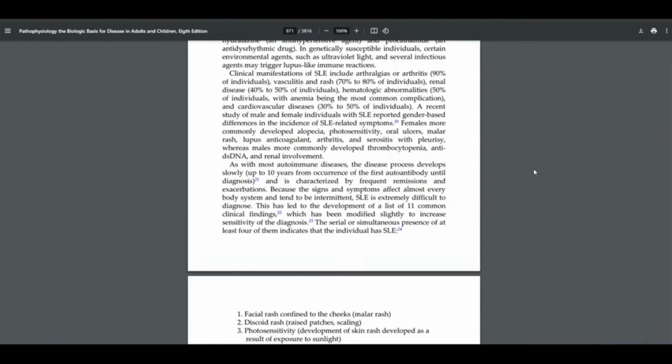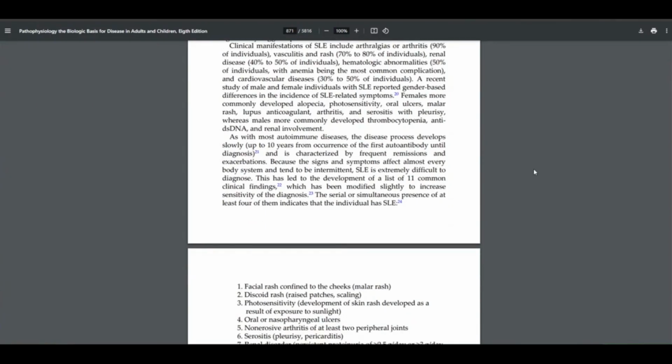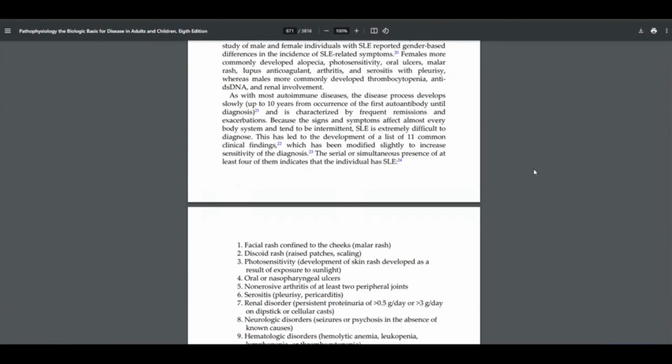A recent study of male and female individuals with lupus reported gender-based differences in the incidence of lupus-related symptoms. Females more commonly develop alopecia, photosensitivity, oral ulcers, malar rash, lupus anticoagulant, arthritis, and serositis with pleurisy, whereas males more commonly develop thrombocytopenia, anti-dsDNA, and renal involvement.